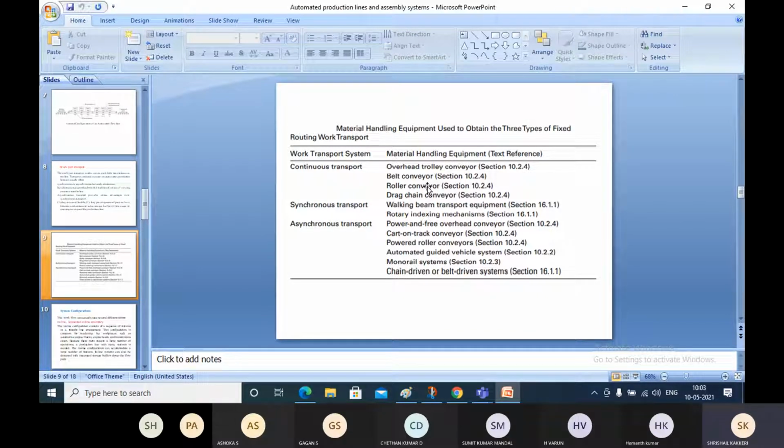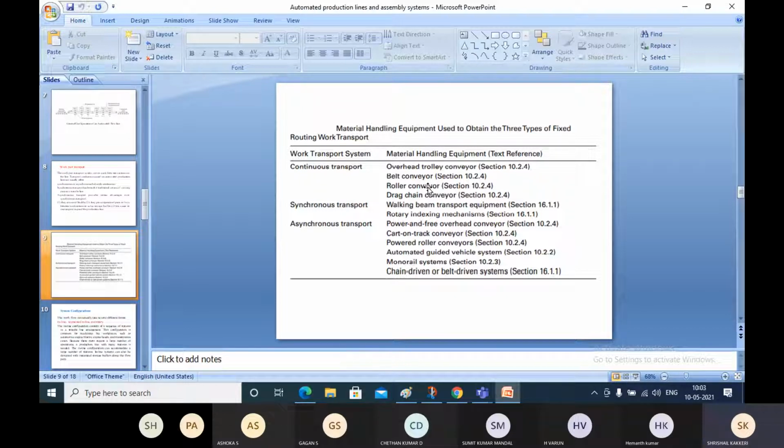And synchronous, as the name indicates, it will be synchronized between the workstations and the work transport systems. Okay. Under this, we have walking beam transport equipment, very important. Around 80 to 90% we can hope on this.